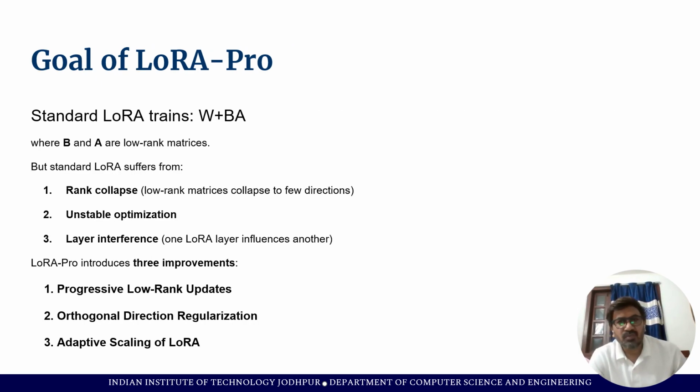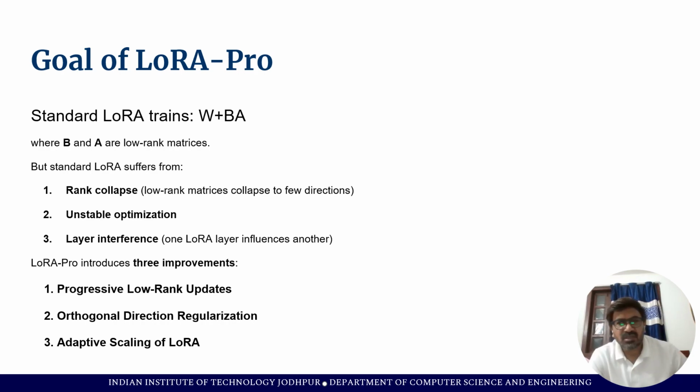To understand how LoRA-Pro works, we first need to look at the specific problems it aims to solve. Standard LoRA simply adds a product of two low-rank matrices B and A to the original weight, and the authors of this paper identify a key problem with this simple approach: rank collapse. This is a critical issue where the low-rank matrices B and A lose their expressive power during training and collapse, representing only a few directions.